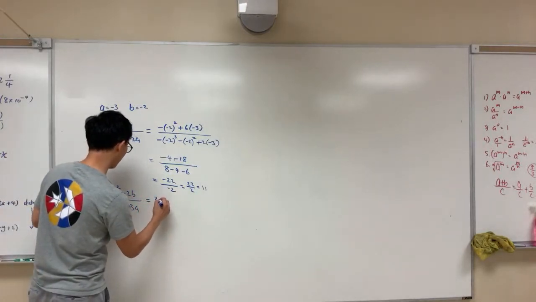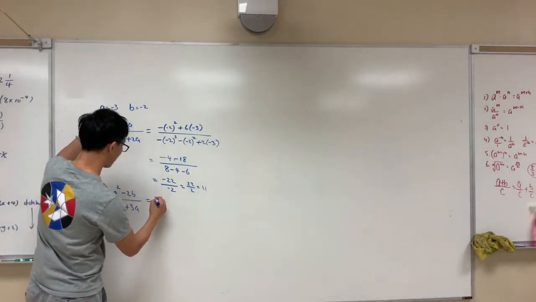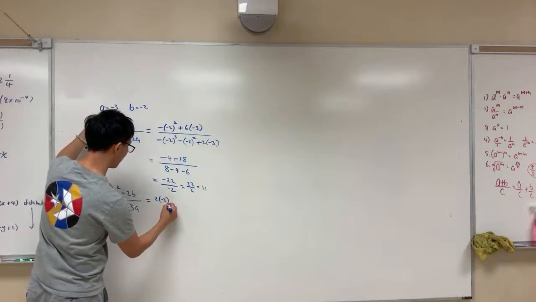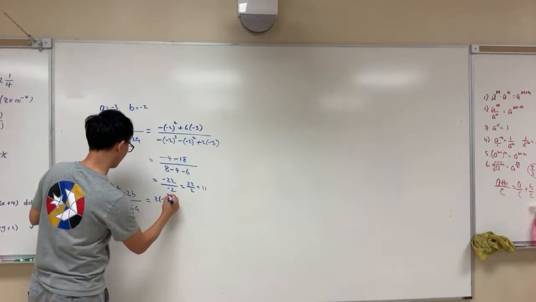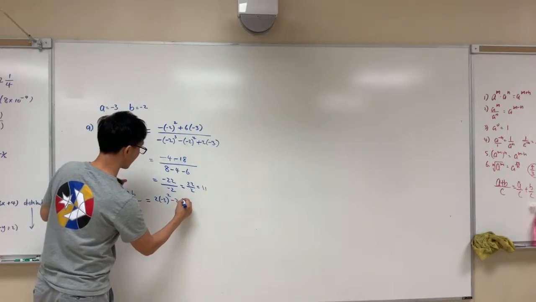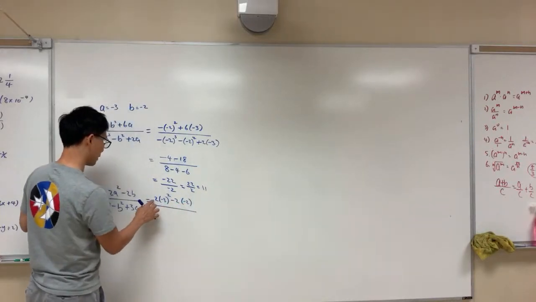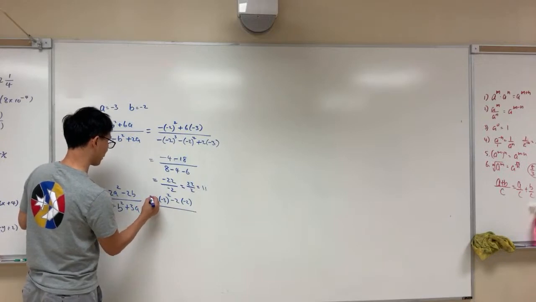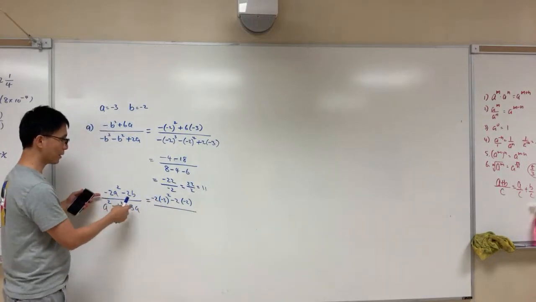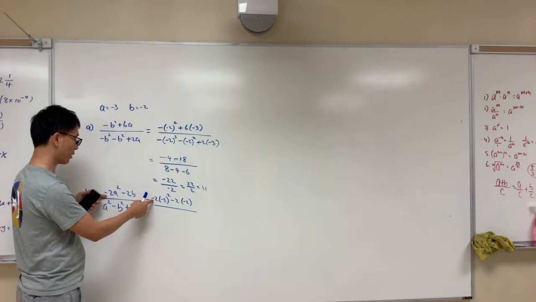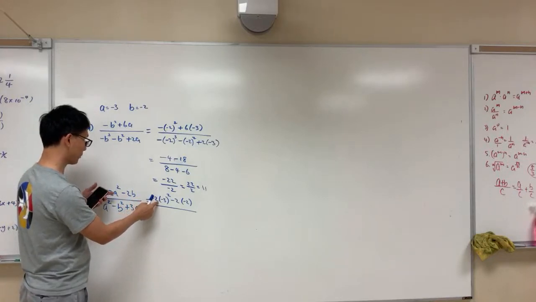Negative 2, a is negative 3, squared, minus 2b, and b is negative 2. So I see I missed that negative sign. Do you see that I have a habit of going back to double check? This is also a very important habit.